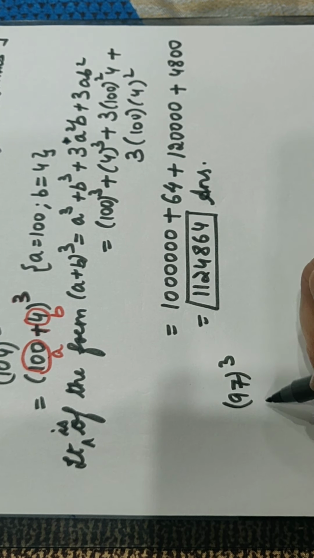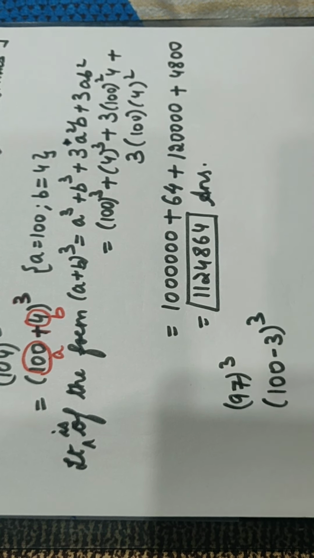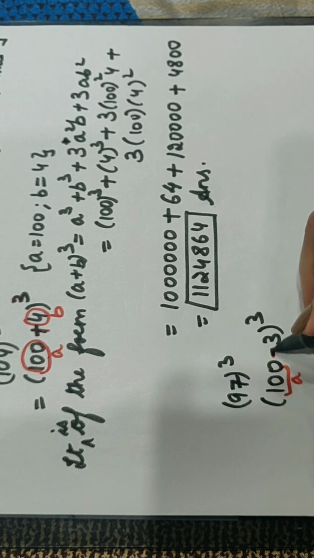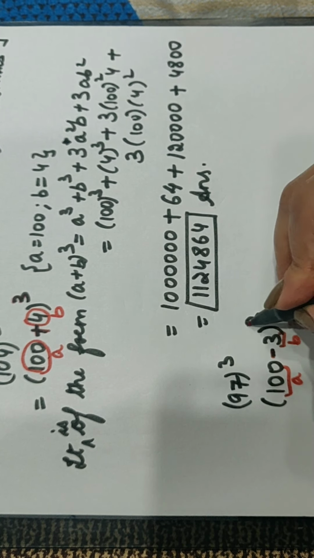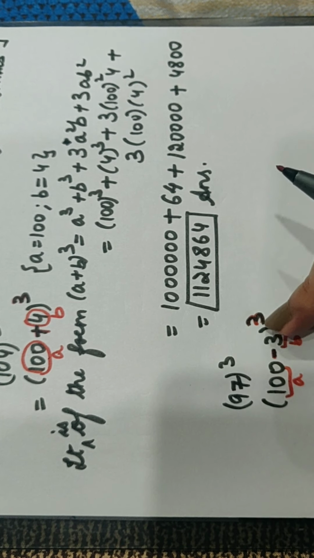Now this 97 can be written as 100 minus 3. Now this has become of the form (a minus b) whole cube, where a is 100 and b is 3.